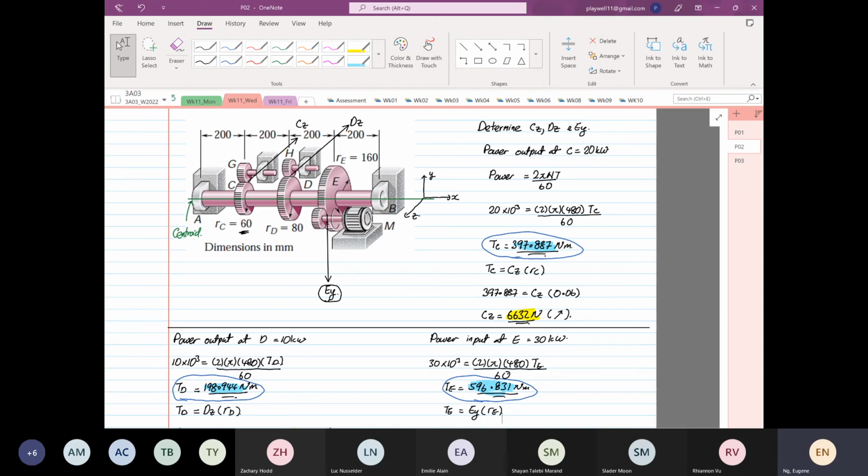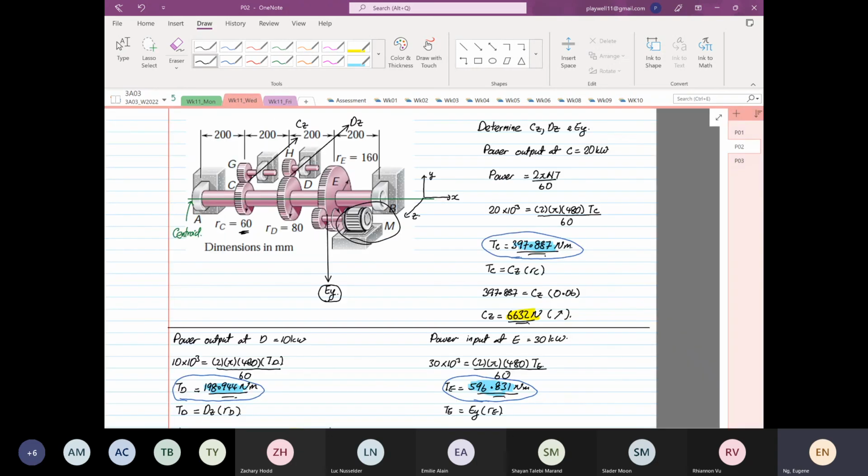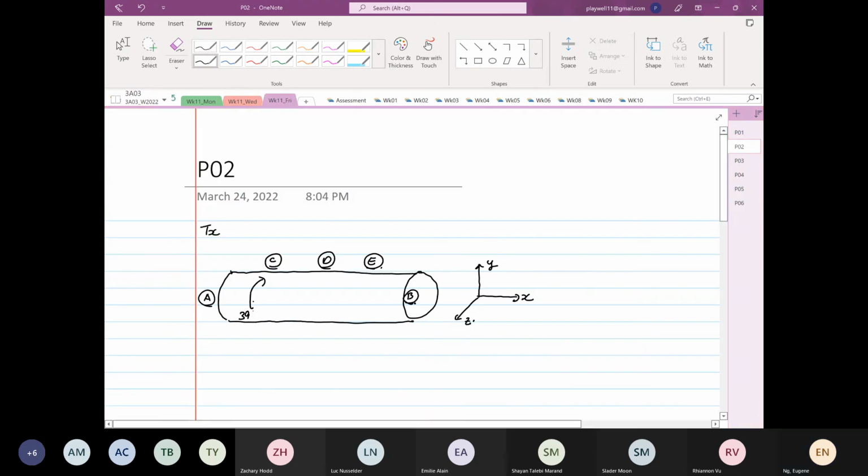Whereas gear E is the input load because it's driven by the motor. So watch this. Gear C is 397.887. So we go back here. Okay, so it's going this direction. The torque is 397.887.